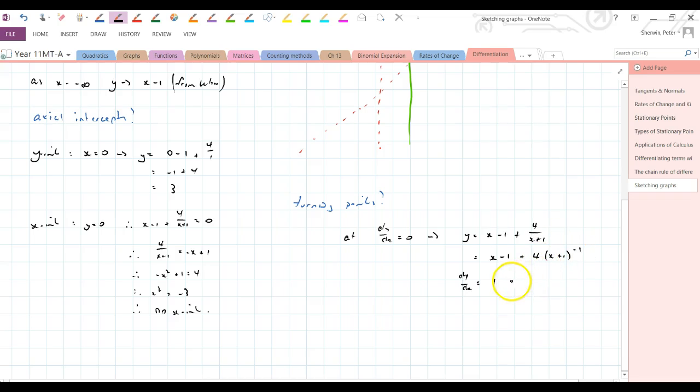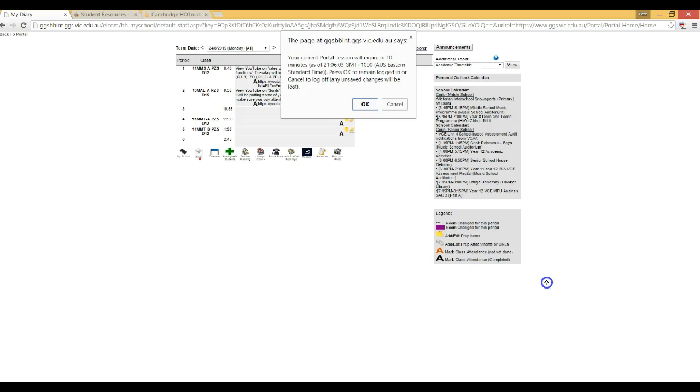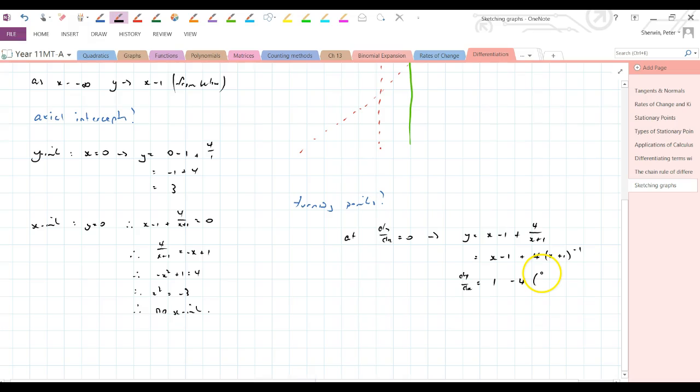This minus 1 comes down here, so it's minus 4, we've got x plus 1 to the minus 2. So we end up with 1 minus 4 over (x plus 1) all squared. So that's my dy/dx.